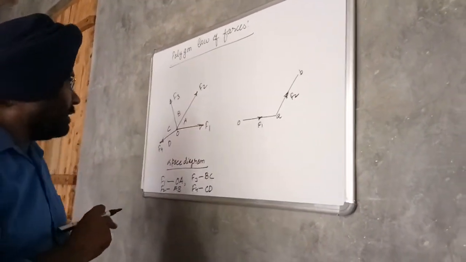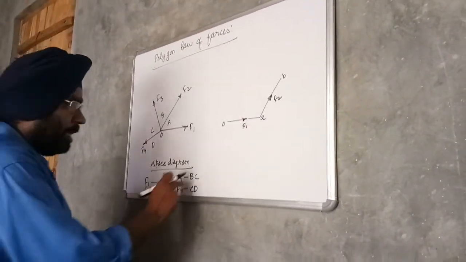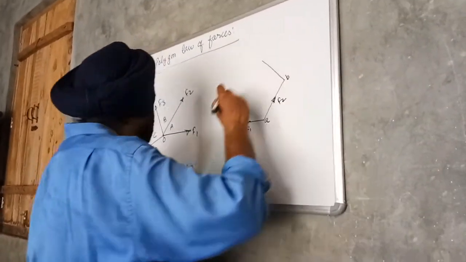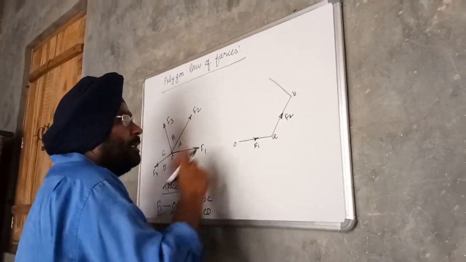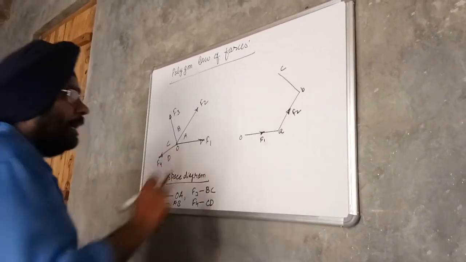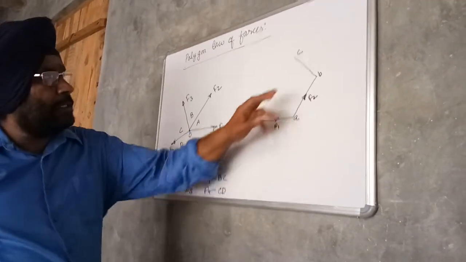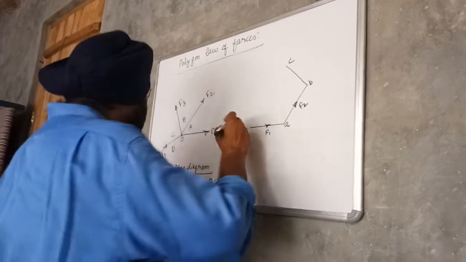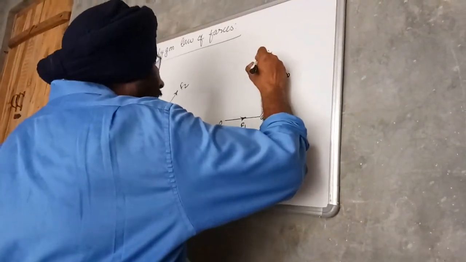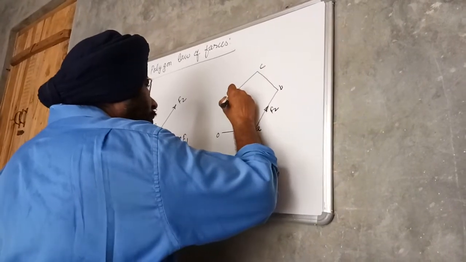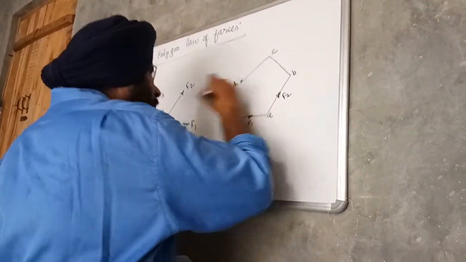Then the third force F3 is represented by BC. Draw line BC parallel to the direction of the force F3, and the length of the line gives the magnitude of the force. Then for force F4, draw line CD to represent the force F4.